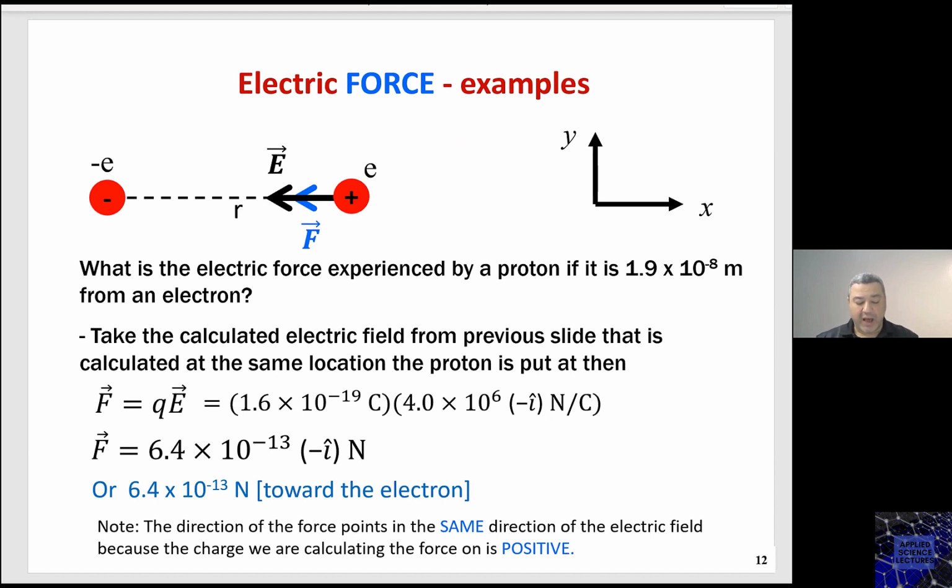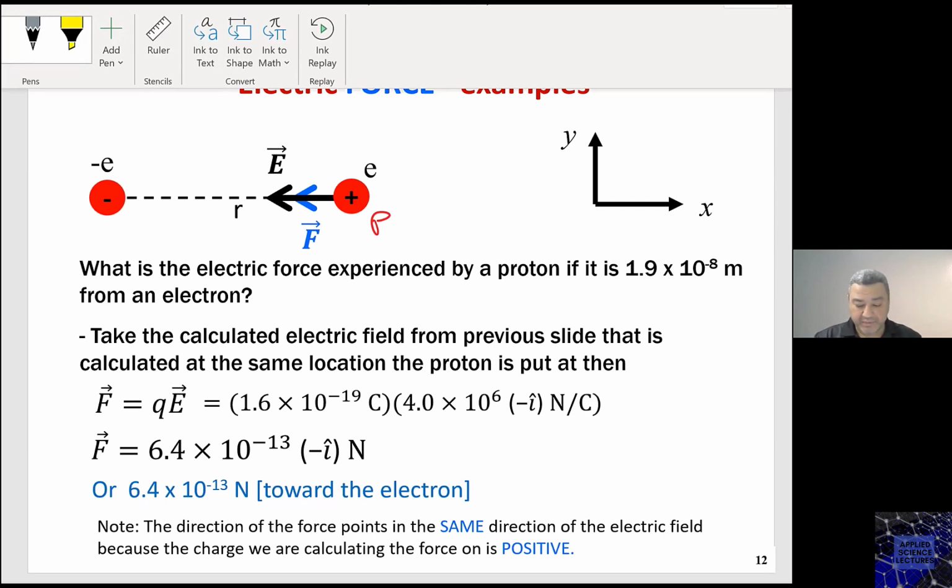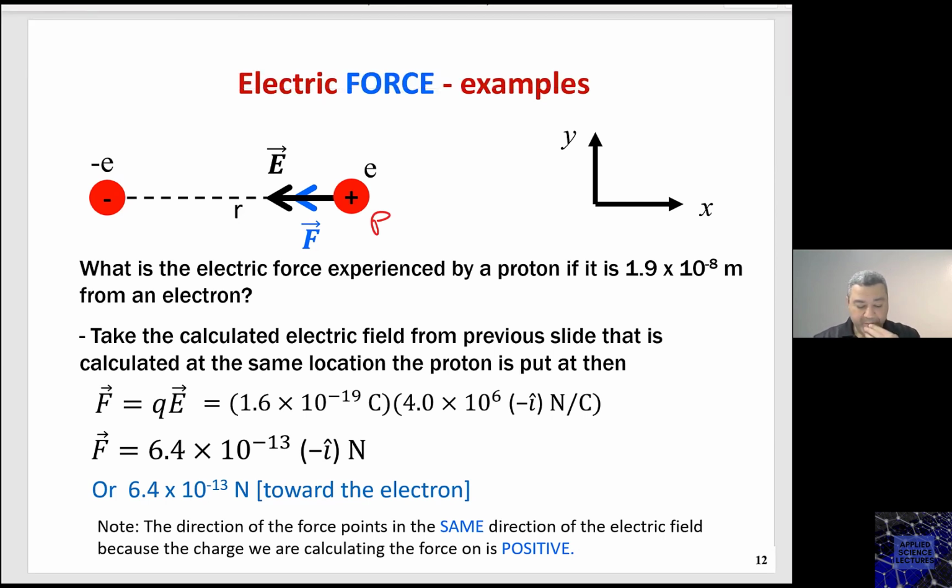Now, what happens if I bring a proton, a positive charge, and put it in this location, the one that I used to call P here? Then, if I apply the expression that I've seen earlier, F equals qE as a vector, if the charge that I'm multiplying by this vector E is positive, then definitely the force would be in the same direction as the electric field.